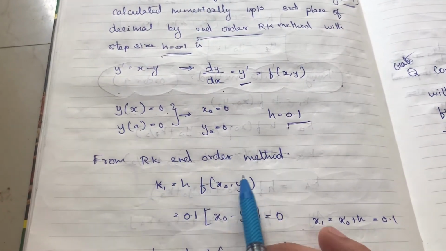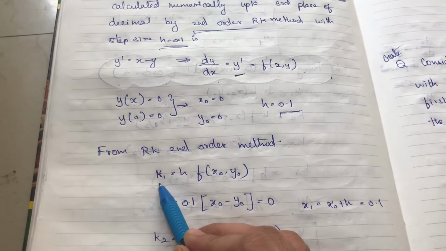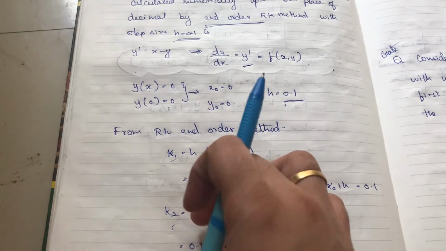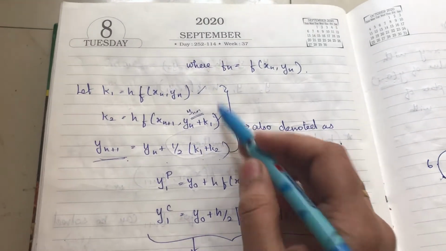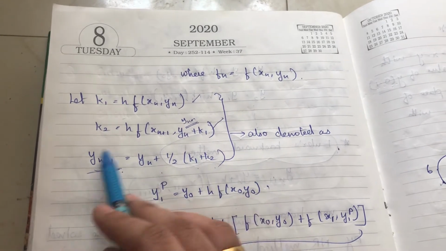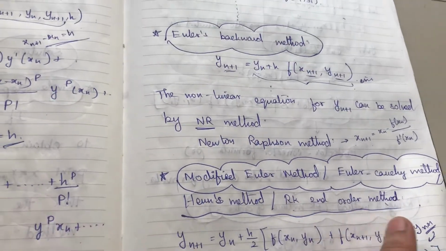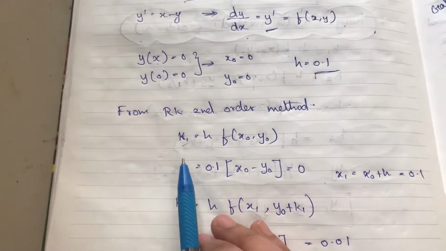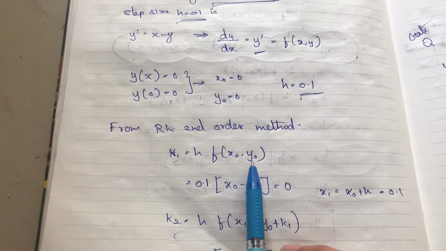According to the second order method, we can easily substitute the values here. First we need to find k1, k2, and then as a whole y n plus 1. These are the three formulas of the second order method, so just use them. k1 is equal to h into f of x naught, y naught.